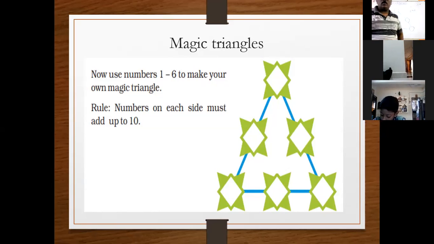We have to use numbers 1 to 6. Total should be 10. Try all the possibilities. Take a number, next number, add to make 10. There will not be unique solutions. You will have many solutions.